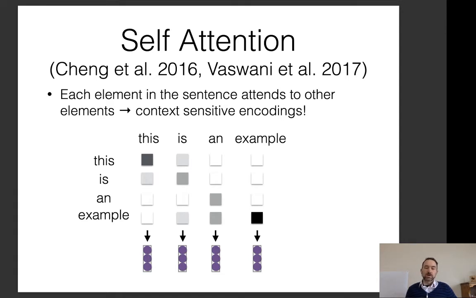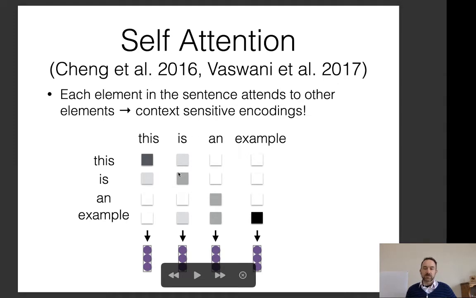So the reason why you would want to do this, attention, for example, is if we want to pull in other information from other parts in the sentence to do things like word sense disambiguation. So if we have the word "is" here, how you translate this in a different language might depend on, for example, the gender of the noun that you're dealing with, or whether it is "this is," or "he is," or "she is," or something like this.